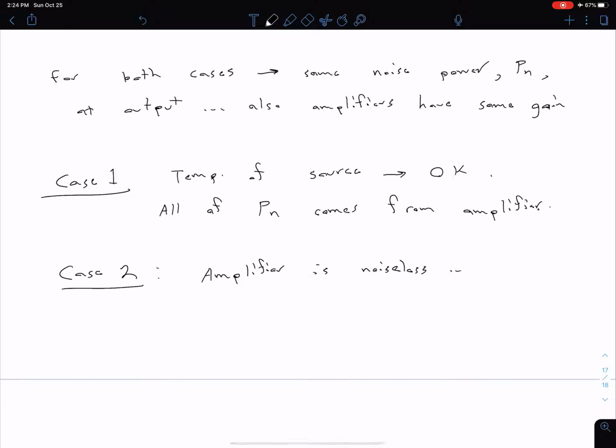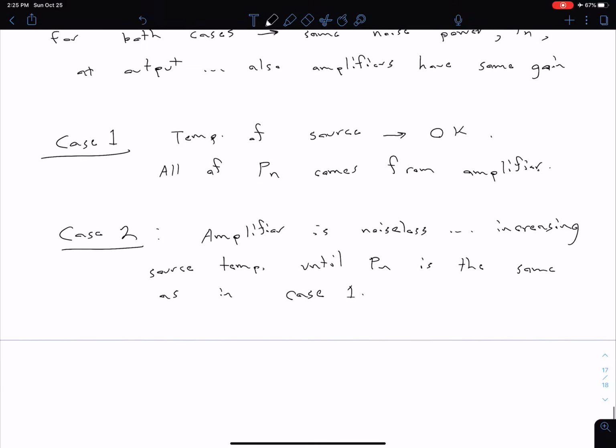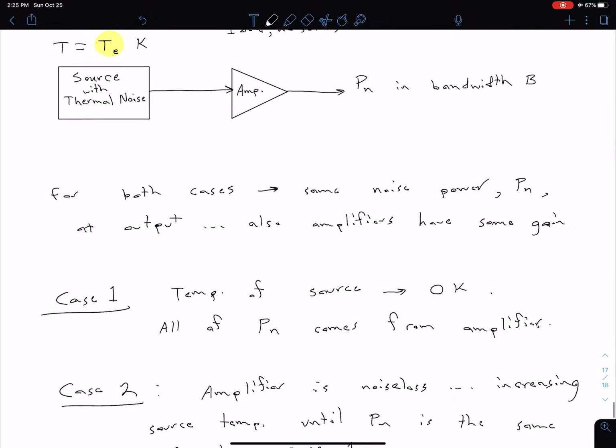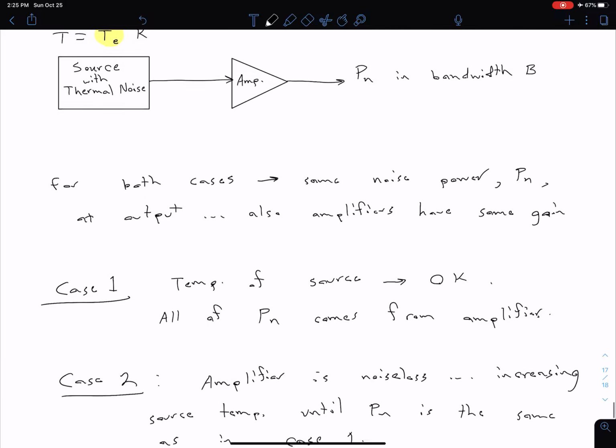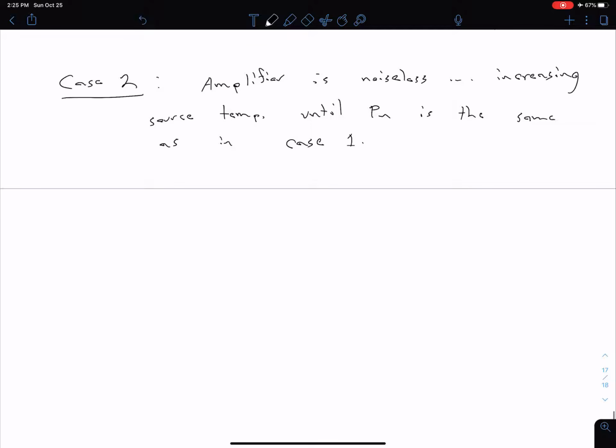What we are doing is increasing our source temperature, again a thought experiment, not necessarily something that we would do, until P sub n, our noise power, is the same as in case 1.